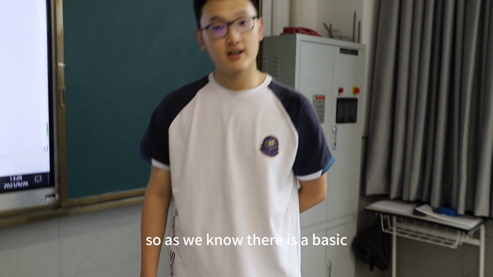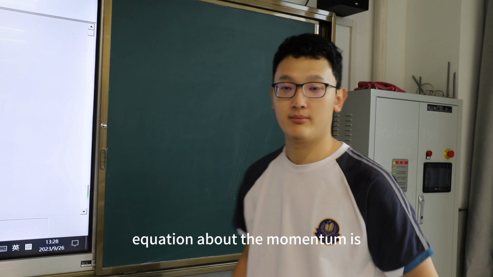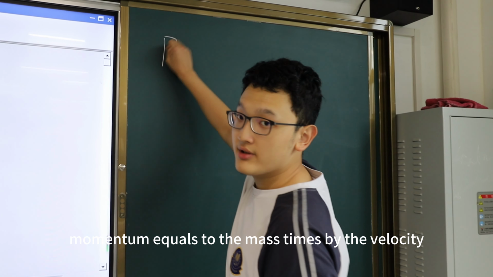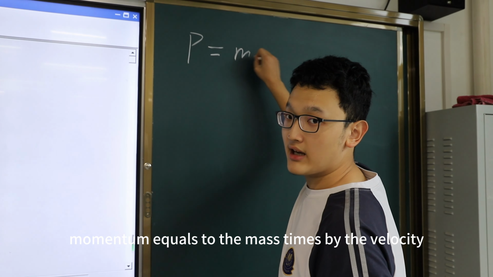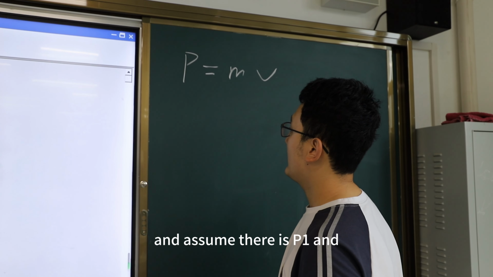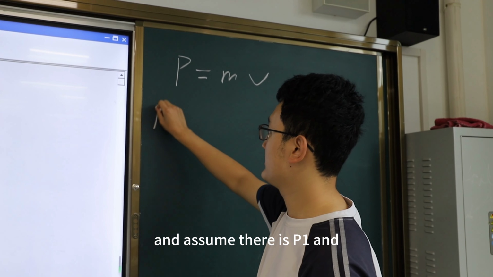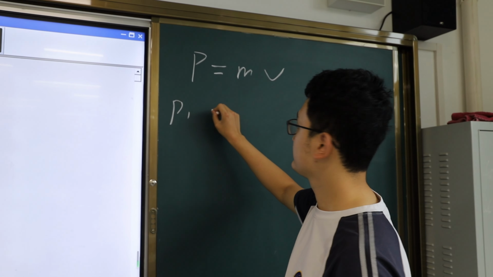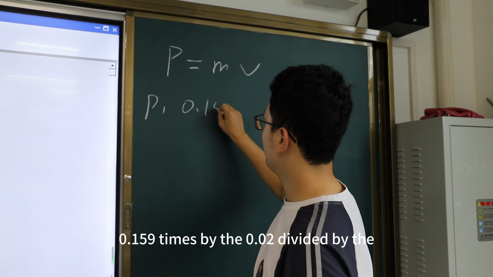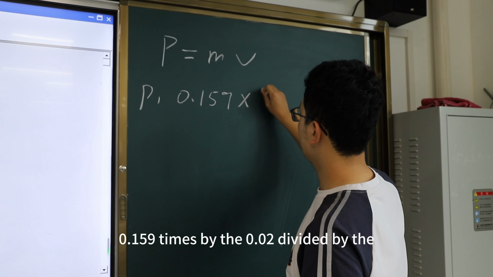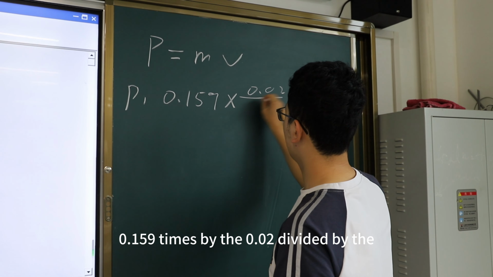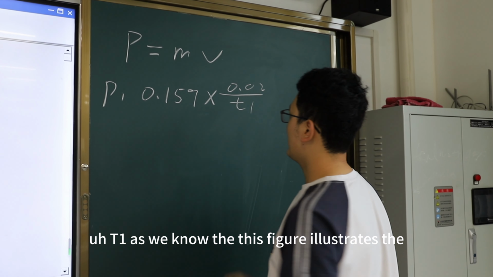As we know, the basic equation for momentum is momentum equals mass times velocity. Assume there is a P1, which equals 0.159 times 0.02 divided by T1.